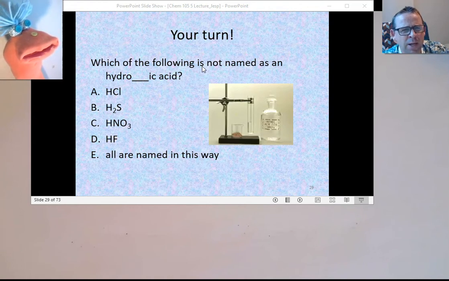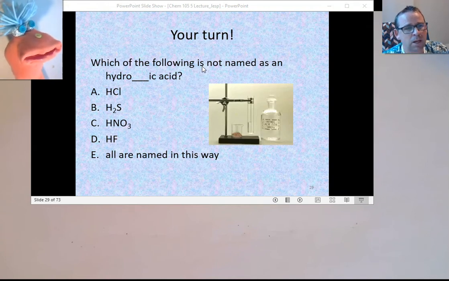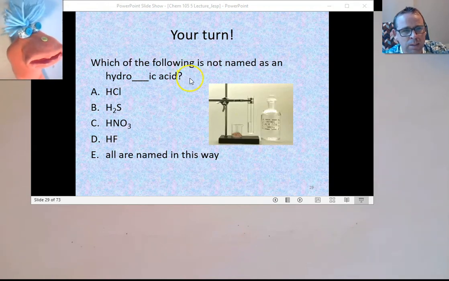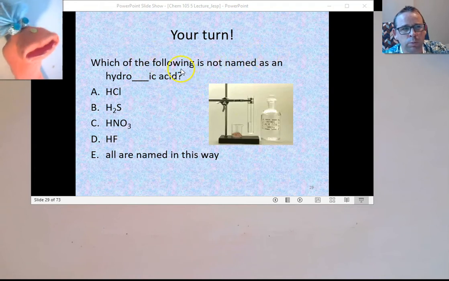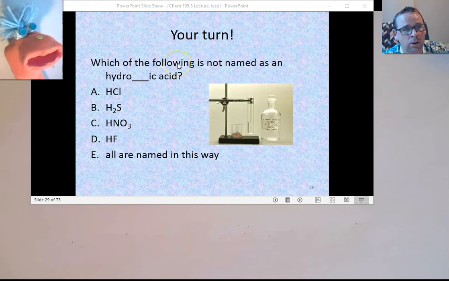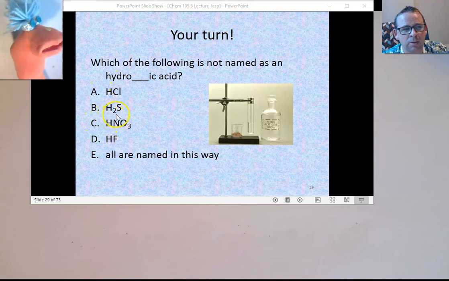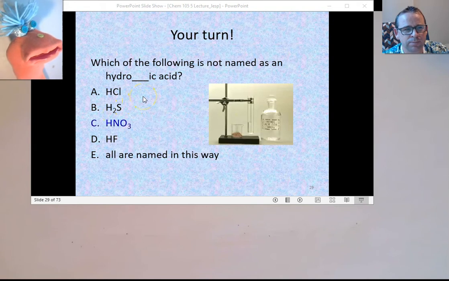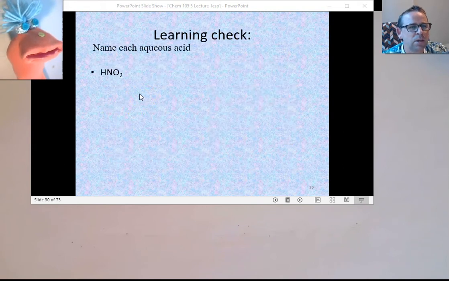And which model is it, the hydroblankic model? That's the binary acids. Very good, binary acids. So which ones will be named binary style, hydroblankic? A, B, and D. Very good. And so C is not going to be named after the hydroblankic model because it's an oxoacid. Excellent. So let's see how we do.